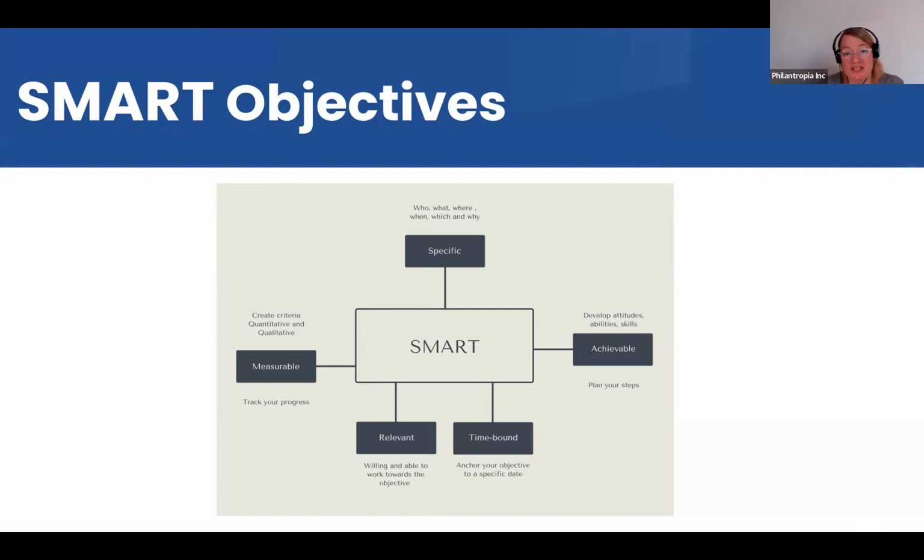Then they need to be achievable in general. So you shouldn't set yourself up for failure by choosing objectives that are way too far away, not reachable. We have one example later where it becomes very obvious: if you want to enhance school attendance, to say that you want to achieve 100% school attendance would be an objective that looks nice, but it's not achievable, because it doesn't matter how amazing your school is.